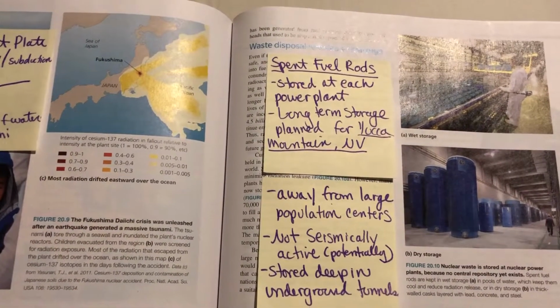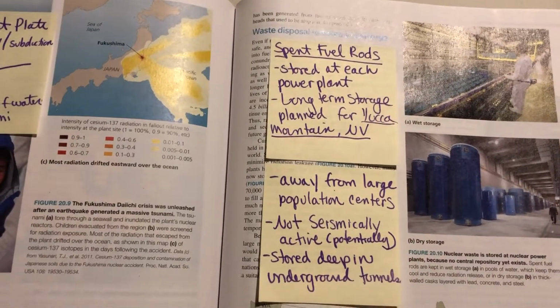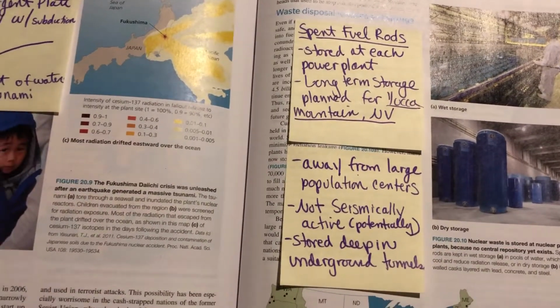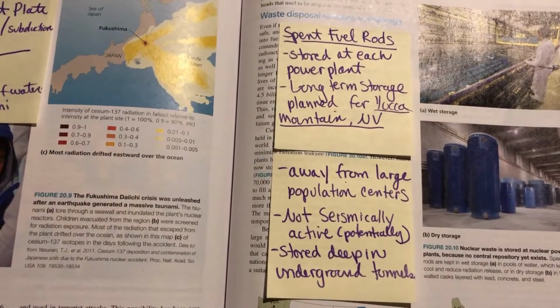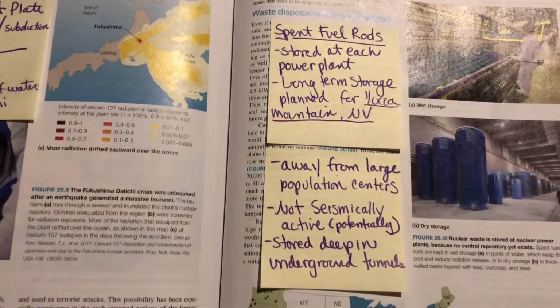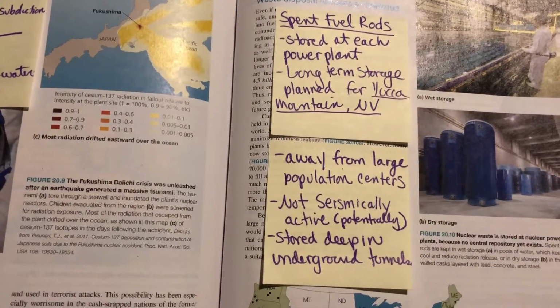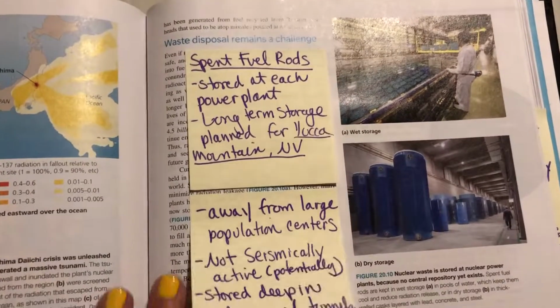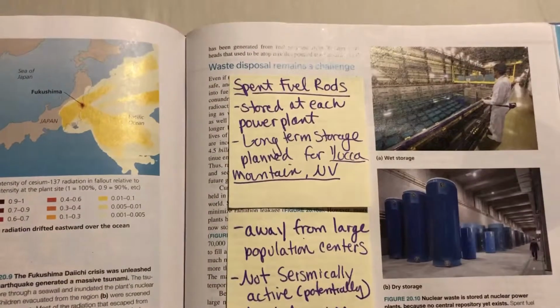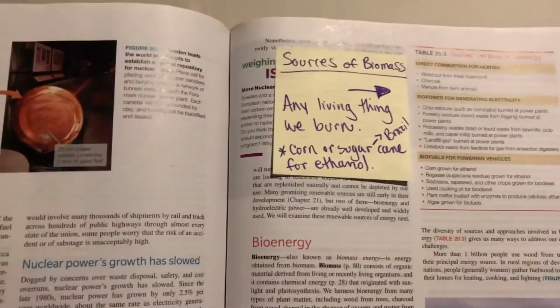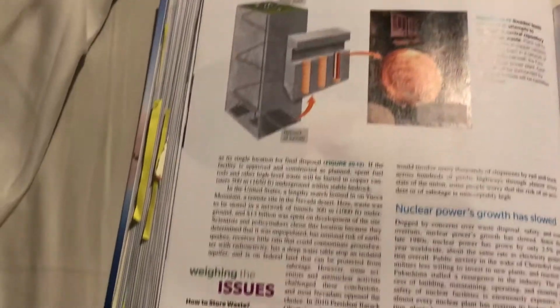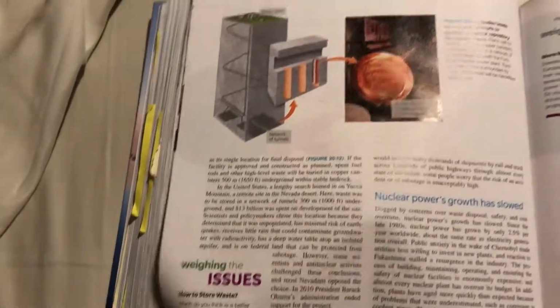Originally, they believed it was not seismically active. However, now scientists are realizing it potentially could be. And their plan was to store them deep in underground tunnels. In 2010, President Obama denied this, and there really is no other option.